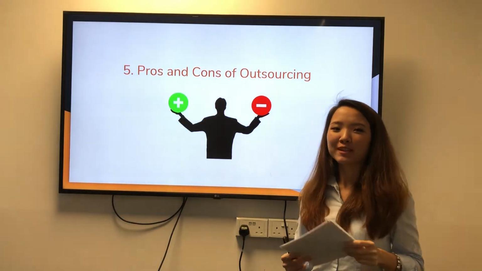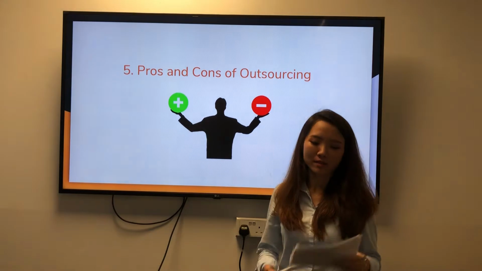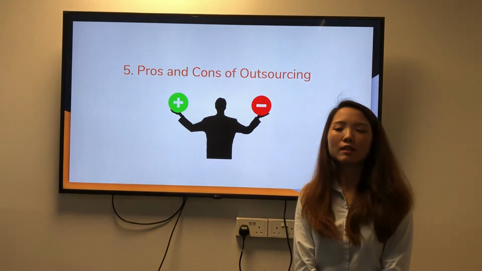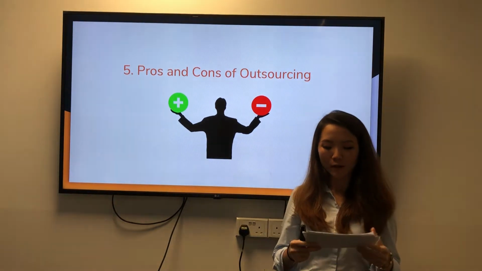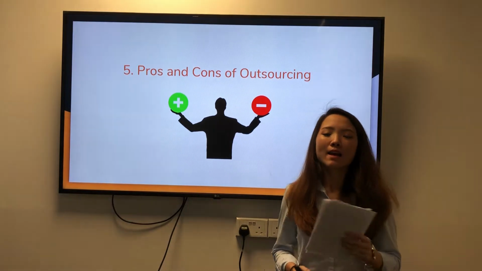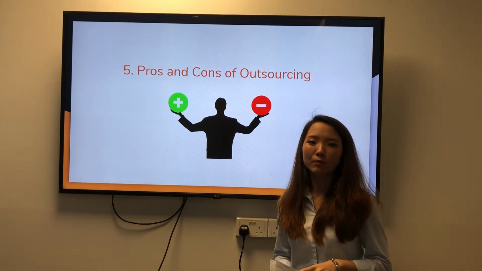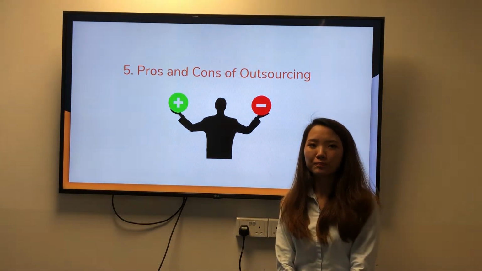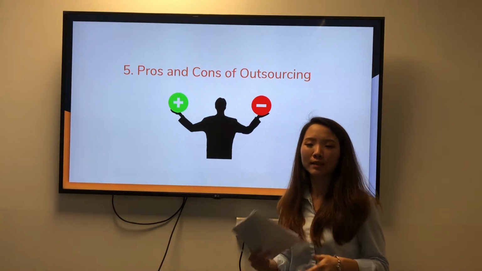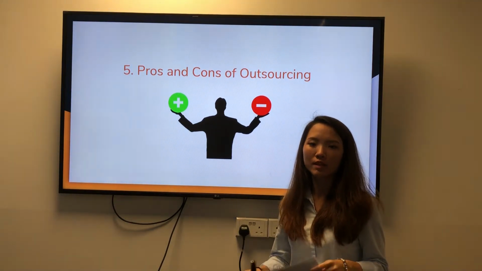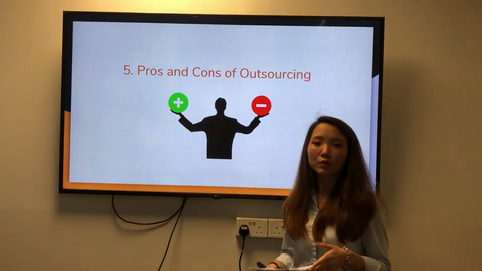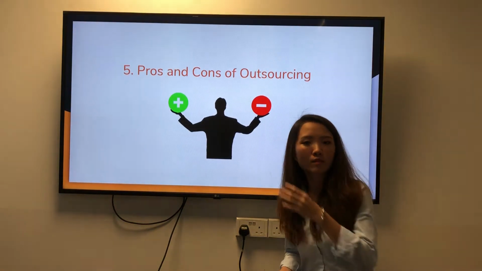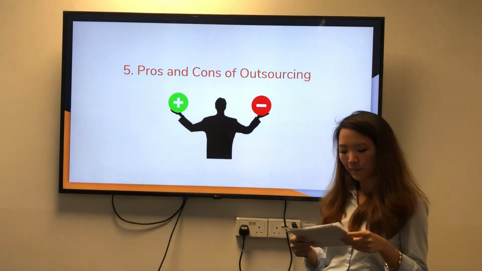Okay, so I'll be elaborating more on the pros and cons of outsourcing. Usually, town councils cannot handle all aspects of their organisation internally, and some works and processes are only temporary, which makes it not very ideal to hire in-house professionals. So it is common to outsource property maintenance works to outside vendors instead.